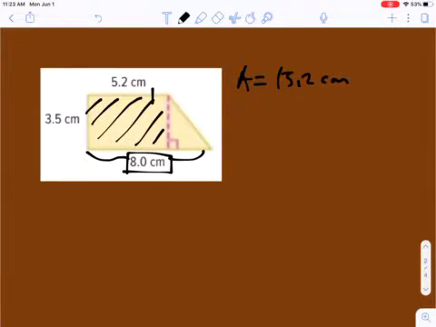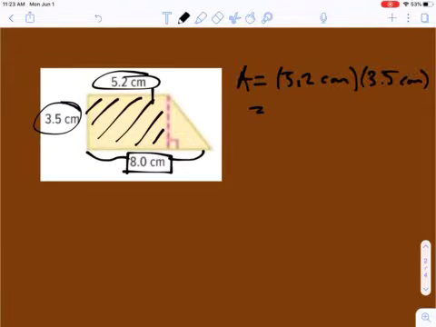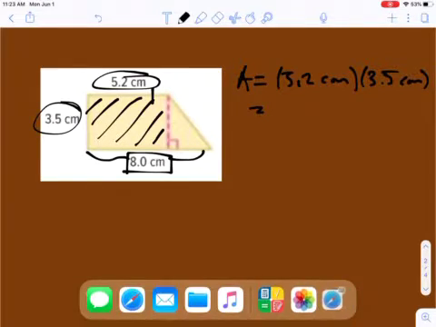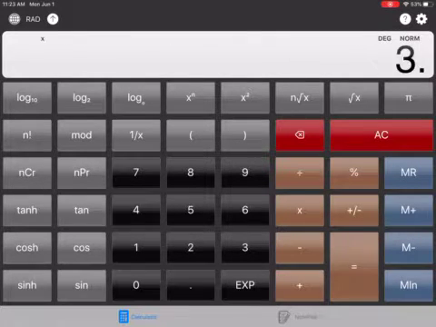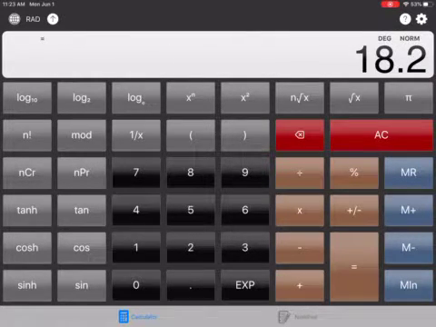It's not just for up to here, it's for the whole thing. So that's why we have to make sure we use the 5.2. And then the width is 3.5. So you've got these two measures, so let's figure that out. 5.2 and 3.5, I'm saying that for myself so I don't forget. 5.2 times 3.5 equals 18.2.